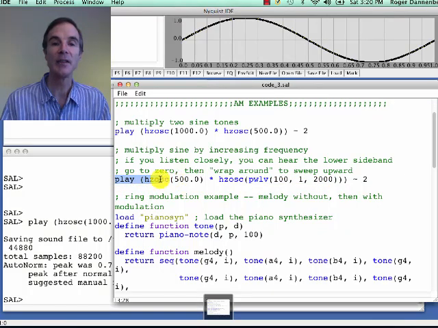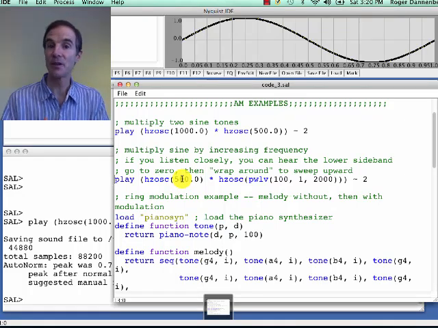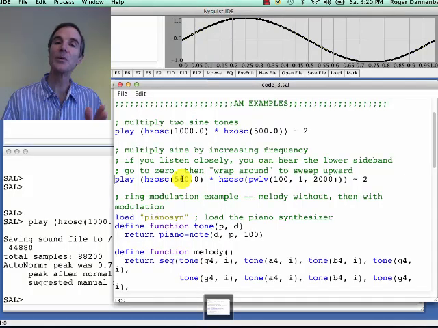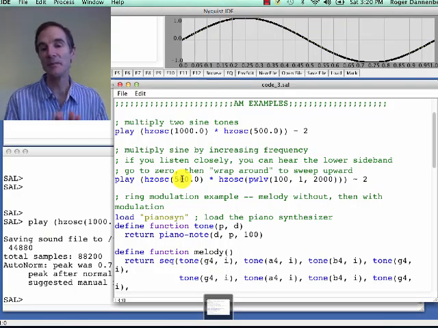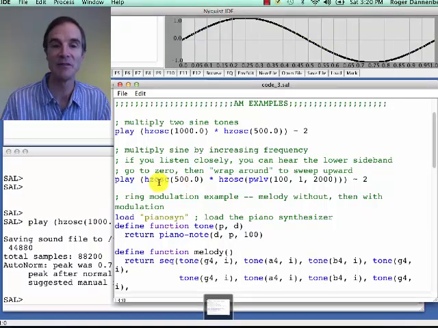This means that the lower sideband is going to start at 500 hertz. It's going to go down beyond 0, down to minus 1500 hertz, which, as we go into increasingly negative frequencies, will be perceived as increasingly positive frequencies.